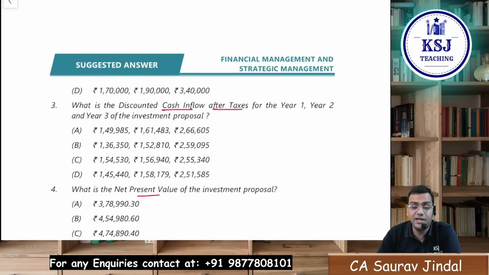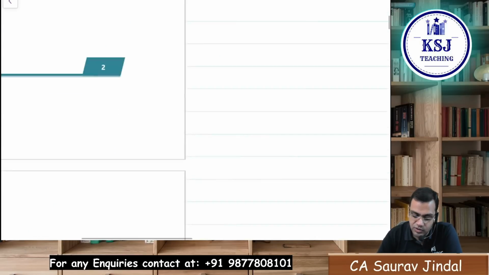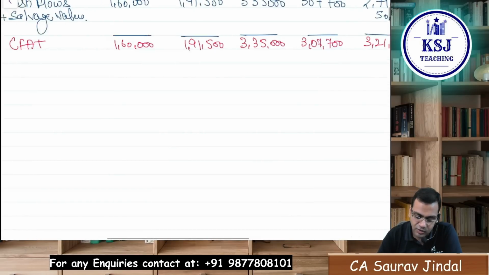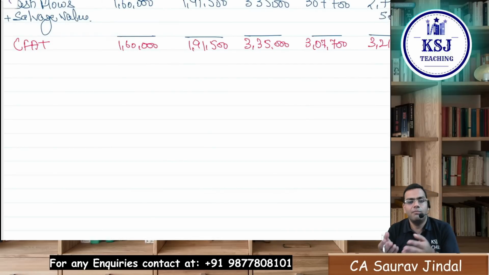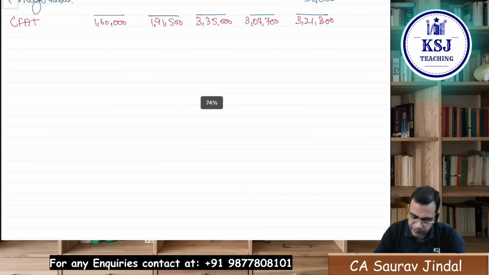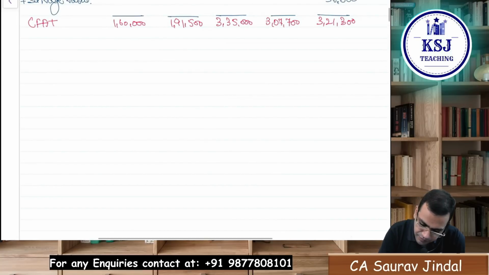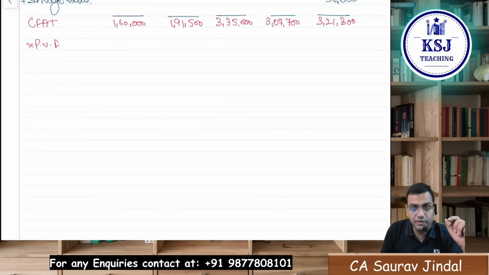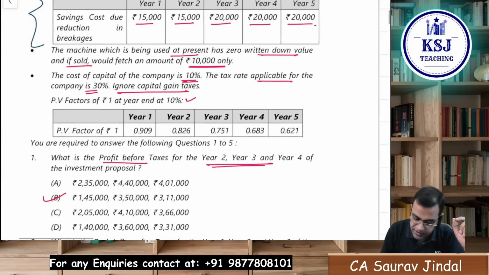Next, what is the discounted cash inflow after taxes for year number 1, 2, 3? So very simple, sir. What to do? These cash inflows we have calculated, multiplied with the present value factor, you will get the discounted cash flows. Fine, let's do it. Now, be careful here. The present value factors are given for 10%.